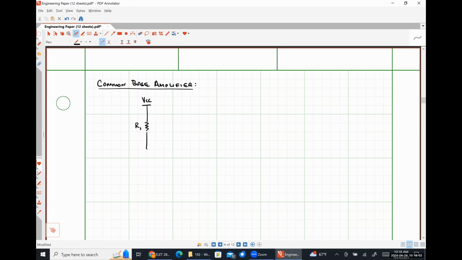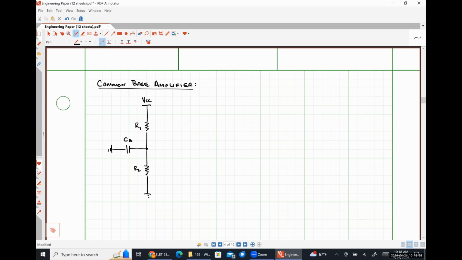Here we have some resistance R1. Here we have some resistance R2. And then we're going to include a bypass capacitor here, CB, that will prevent that base resistance R1 in parallel with R2 from influencing our midband gain.